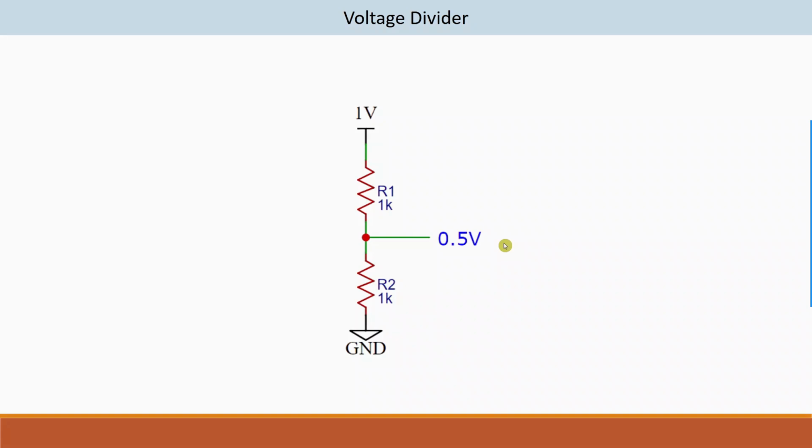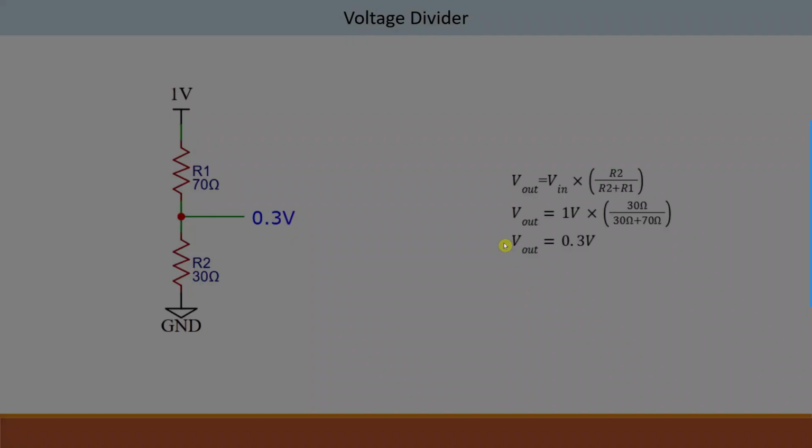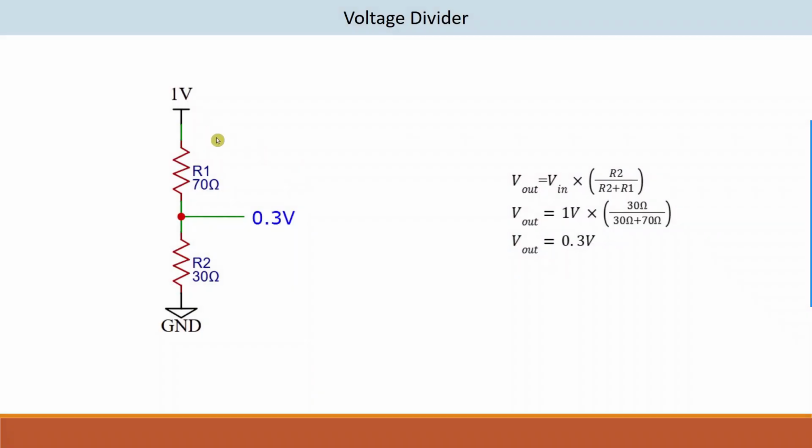Okay, so next I am considering R1 and R2 with different values. R1 and R2 are not the same value, so the output also will not be half of the input voltage, because R1 and R2 are not equal.